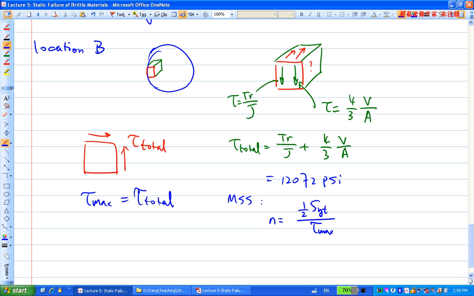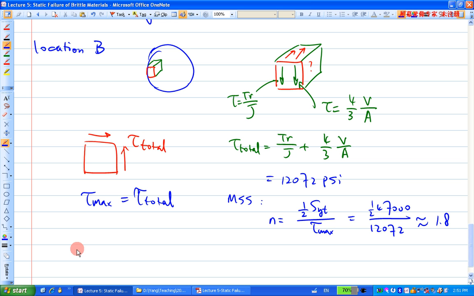So one half of 47,000 over 12,072 is approximately 1.8. So that's the safety factor based on the maximum shear stress theory at location B. Apparently, location B has a slightly higher safety factor than location A. So in other words, which location is more critical? Location A.